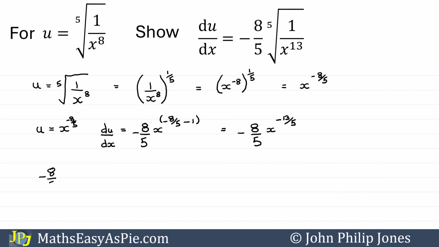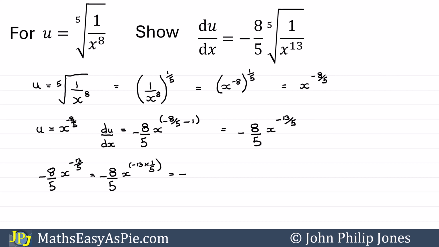Of course, we know we have minus 8 over 5, x to the minus 13 over 5. Now I can write this as minus 8 over 5, x, and in brackets I can write 13 times 1/5, which is 13 over 5.